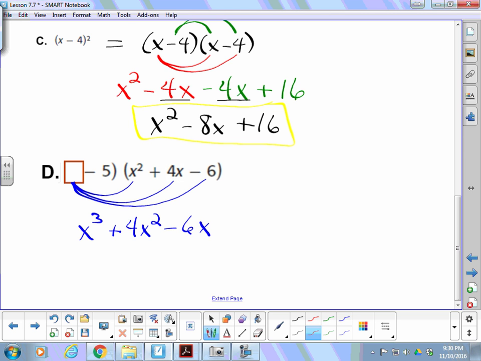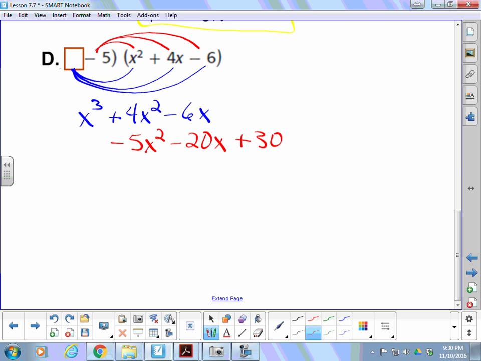All right, so here I've got negative 5x squared. So I'm going to write this under the 4x squared term to help me when I'm adding them. And I'm going to multiply negative 5 times 4x, which gives us negative 20x. All right, once again, lining up those like terms to make it easier to add. And then negative 5 times negative 6 is plus 30.